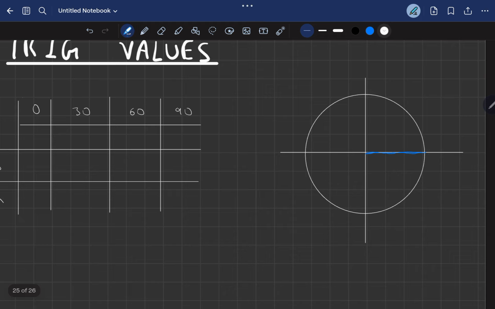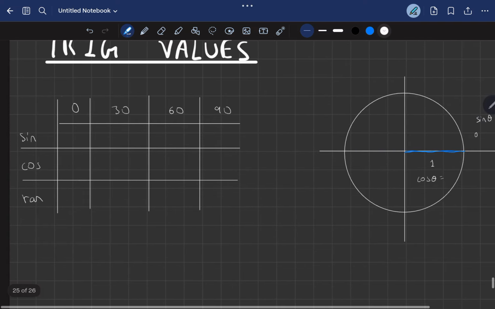It's just going to be 1, and what is the height? The height is going to be 0. This means that we always know that the adjacent is cos theta and the height is sine theta. So sine theta is 0 and cos theta is 1.